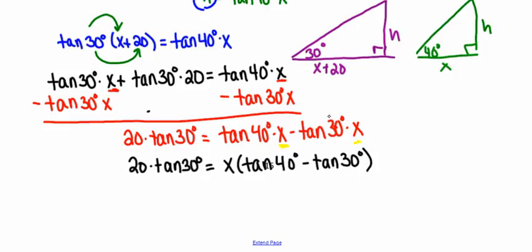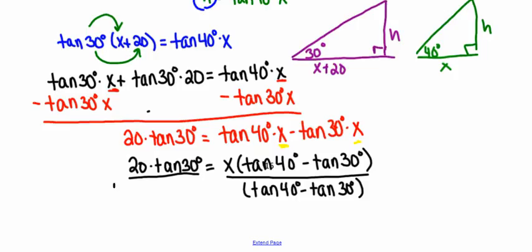And if my goal or my mission is to solve for x, then to undo multiplying by that difference, I'm simply going to divide by that difference. And if I divide by that difference on the right side of my equation, then I also need to divide by that difference on the left side of my equation.